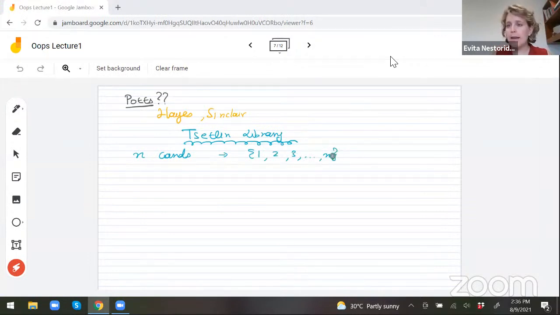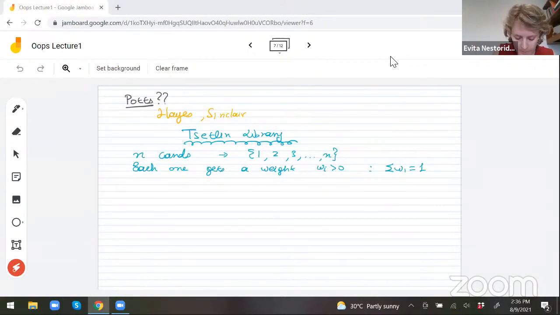And each one is assigned a weight w_i. Let's assume they're all positive and they all add up to 1. And the card shuffle says, pick a card according to this w distribution. Pick, say, card i. With probability w_i, move it to the top.